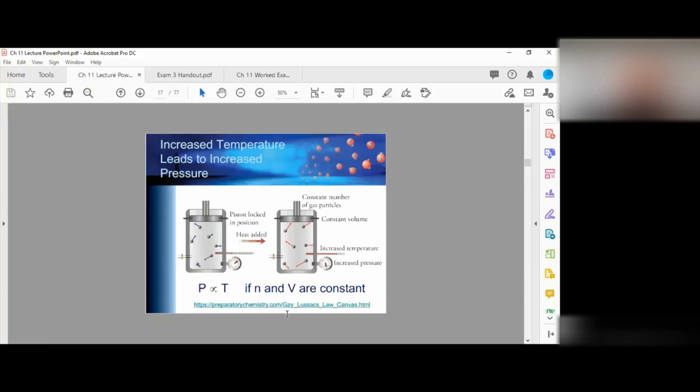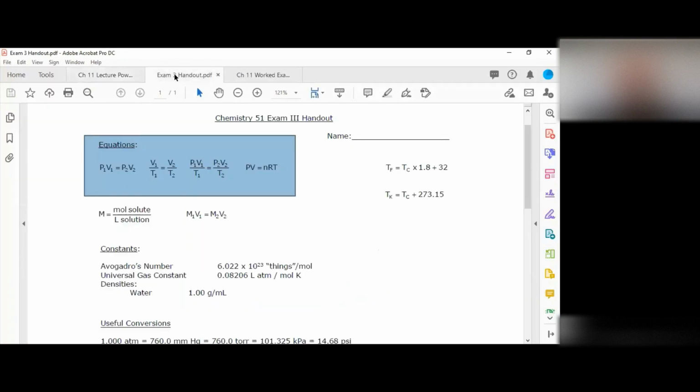But this Gay-Lussac's law will be valid only if the amount and volume are constant. Okay, so somebody might say, okay, well, I don't see it here on the exam handout. Well, if the question, like the one that we're going to go over in the worked example file now, has pressure and has temperature, has no mentioning of volume, well, you have this gas law right here.